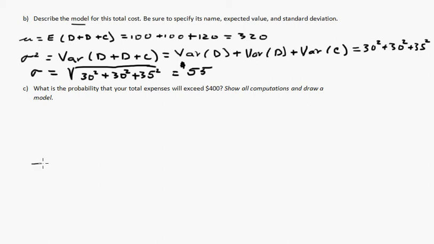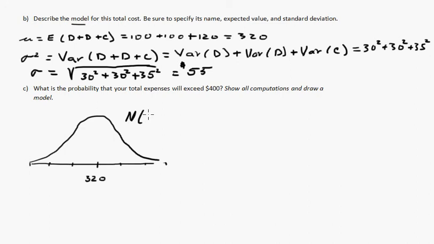So what we would have is a picture of something like this, and the center would be at 320. Okay, and I get lazy. I don't want to label these. It gets too cluttered, the standard deviation.